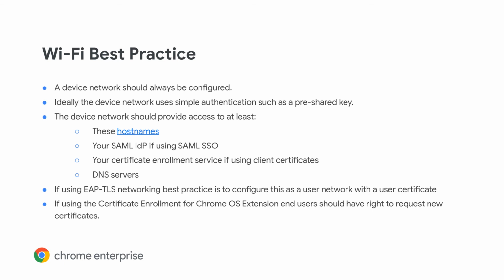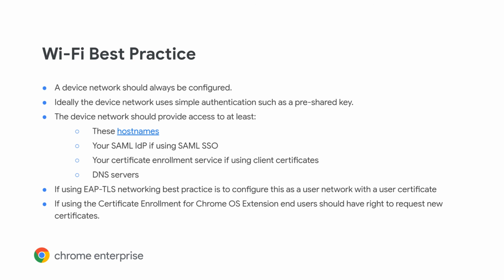Also, the device level network should have access to the certificate enrollment service if using client certificates, so that if, for example, a user on the device level network wants to authenticate onto the corporate network, which uses EAP-TLS, then they would be redirected to that certificate enrollment service and able to obtain a client certificate so they can authenticate onto that network.